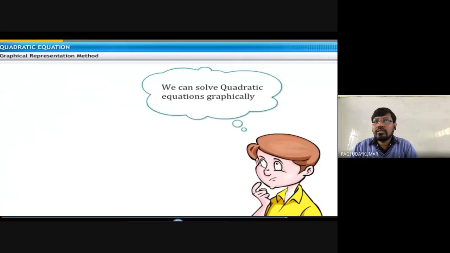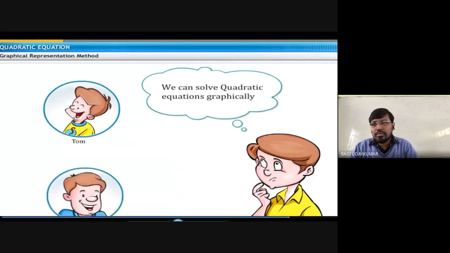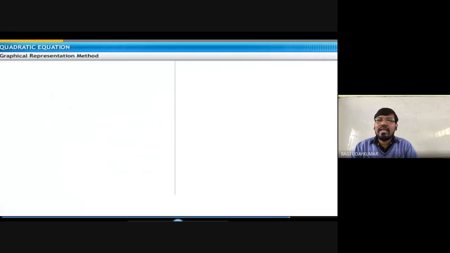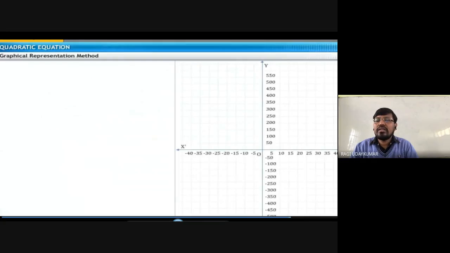So can we solve a quadratic equation graphically? Yes, we can solve graphically. Suppose the same quadratic equation, the Tom and Harry problem, if you are taking into consideration: x square plus 26x minus 120 is equal to 0.